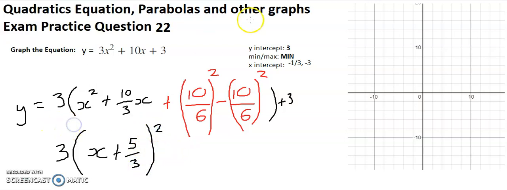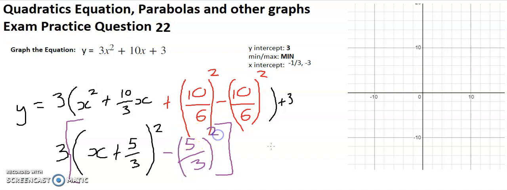Now, one thing I want you to think about is I've got big brackets going around here, because I've still got my minus 10 over 6 squared, or minus 5 over 3 squared. So I'm still going to put that in, minus 5 over 3 in brackets squared, and plus 3 on the outside.